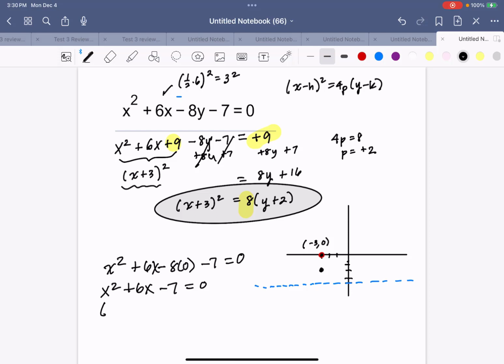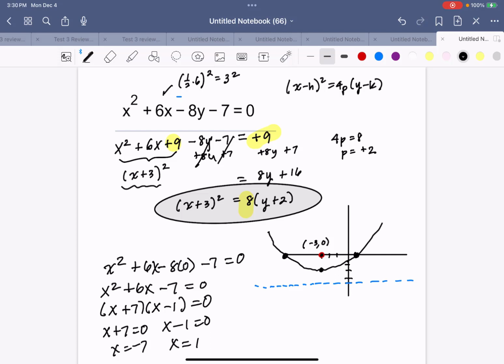Do a little bit of factoring: x plus 7, x minus 1 equals 0. X plus 7 is 0, so x is -7. X minus 1 is 0, so x is 1. So look, we've got two other points, over here at 1 and down here at -7. So we know exactly what our parabola shape is.